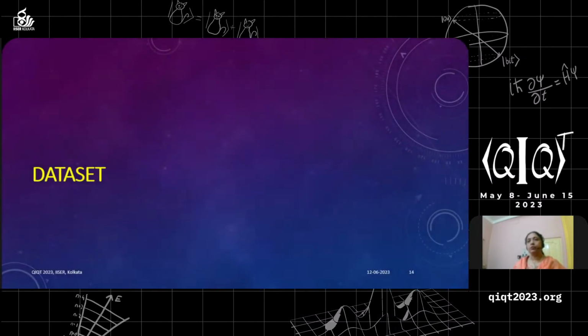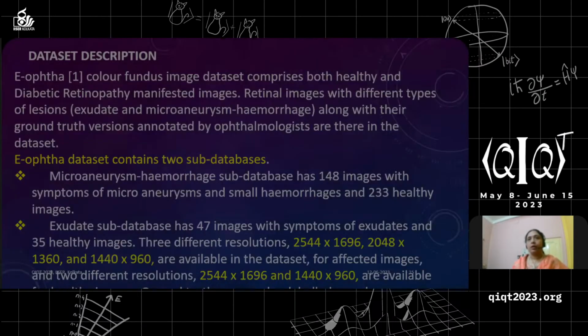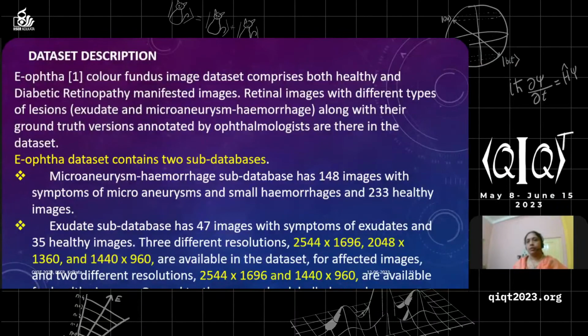The dataset we have used for our experiment is the E-ophtha dataset. It contains two different subdatabases: one is the microaneurysm hemorrhage subdatabase and the other is the exudate subdatabase. We have used the exudate subdatabase for our work, where we have a total of 82 images.